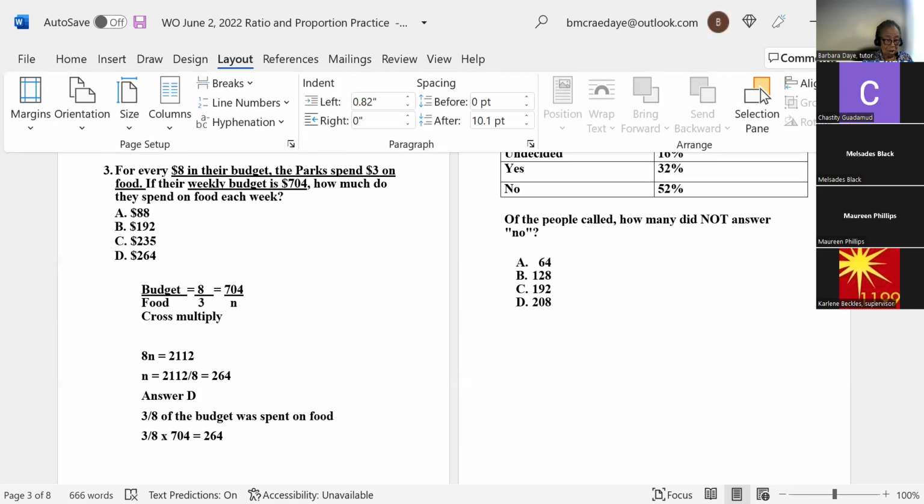It could be the colon, like a number to a number, or it could be the word to. So $8 is your budget, $3 of that budget spent on food. That's 3/8. Take that same fraction, multiply it by 704, and you get the amount spent on food of the $704 weekly budget. Got it? Yeah.